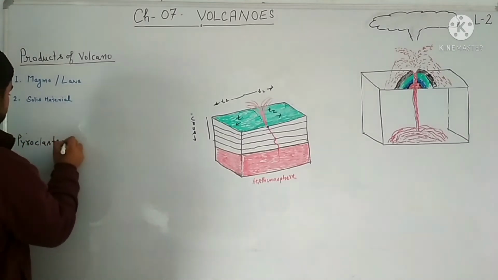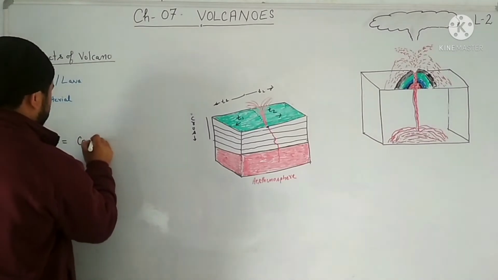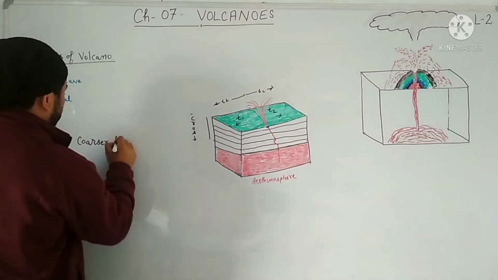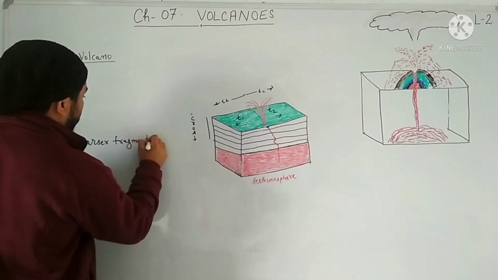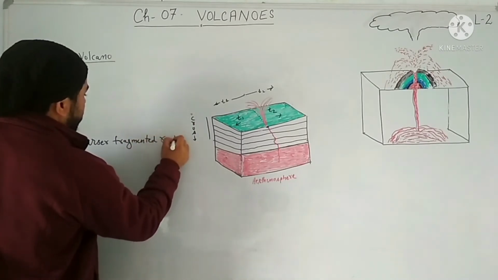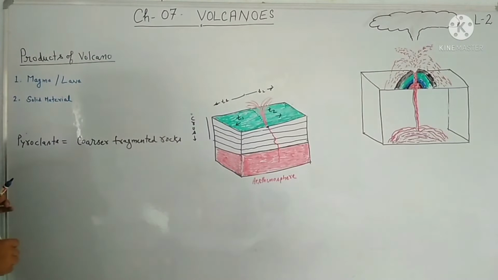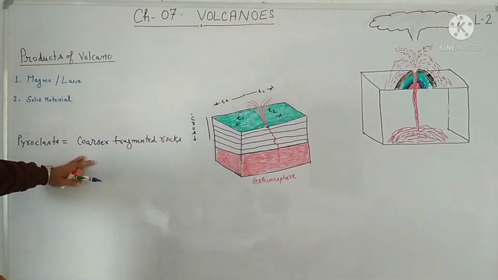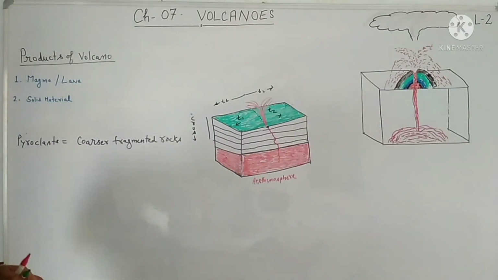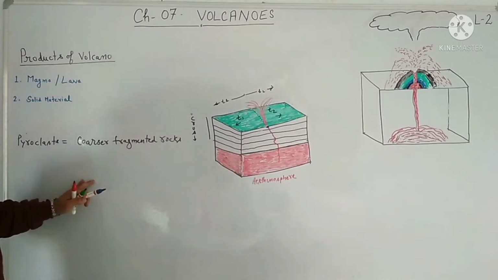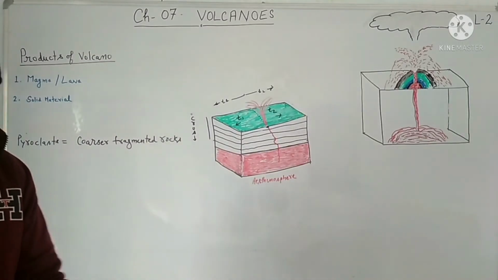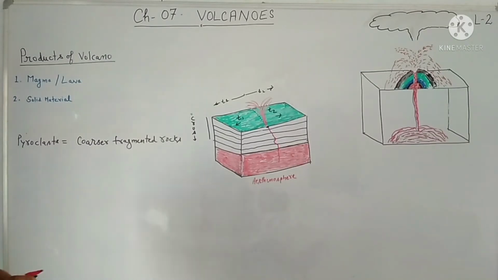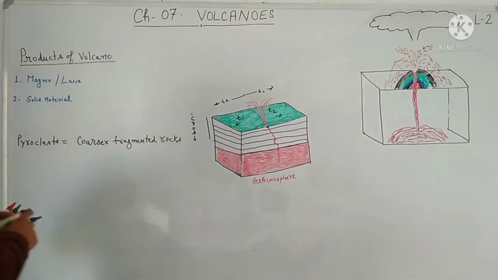pyroclasts equals coarser fragmented rock pieces or rocks, the broken down or fragmented rocks. And it contains what? It contains cinder or lapilli, scoria, pumice, and volcanic bombs.